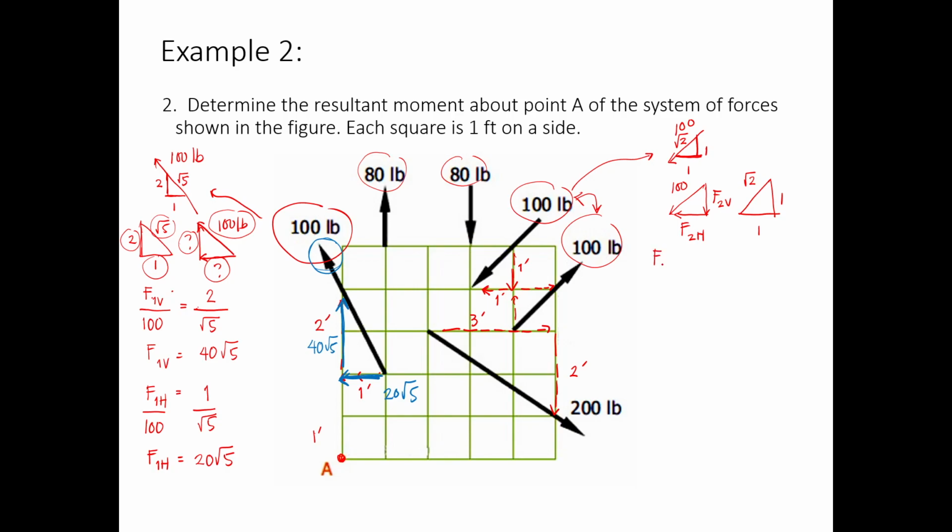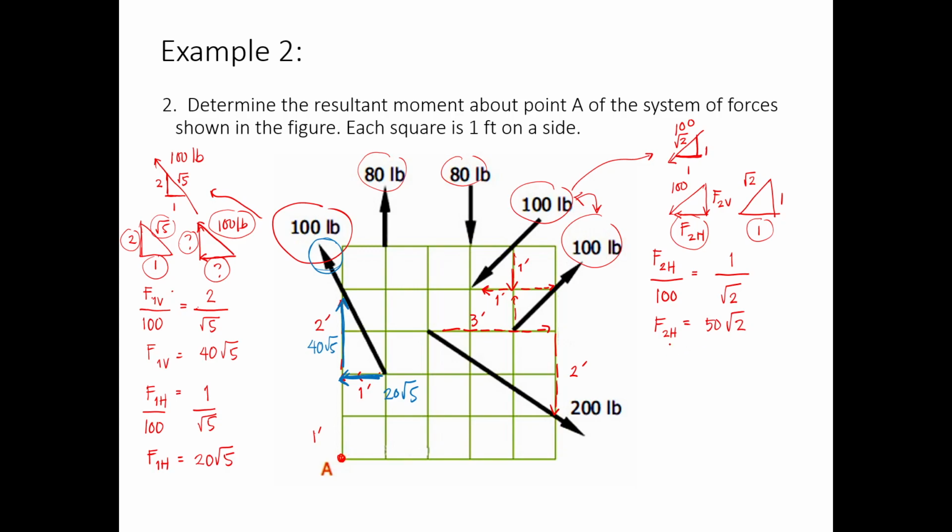So F2H: the opposite side is 1, all over the hypotenuse 100. So this is 100 divided by square root of 2, so you have 50 square root of 2 as your horizontal component.